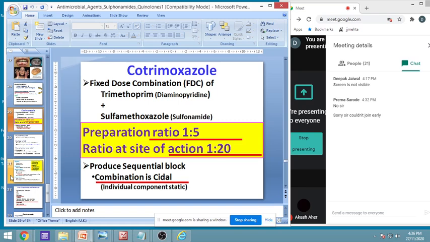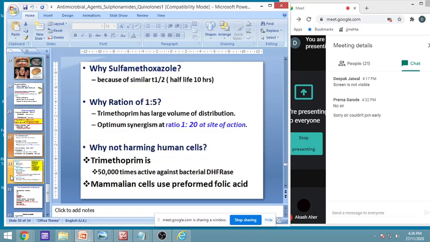Now, one question was always there, why only this, because there are too many sulfonamides, there is sulfasomidine, sulfadimidine, so why only methoxazole? Because both are having similar half-lives, trimethoprim and sulfamethoxazole.